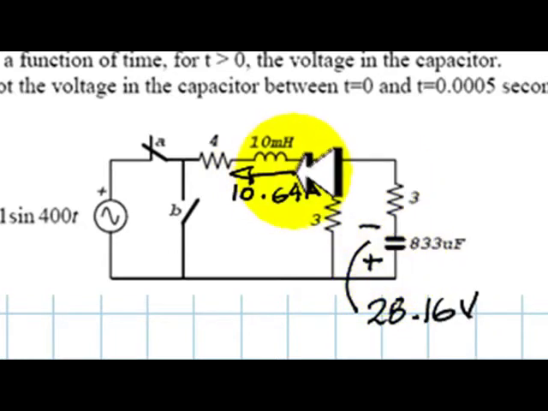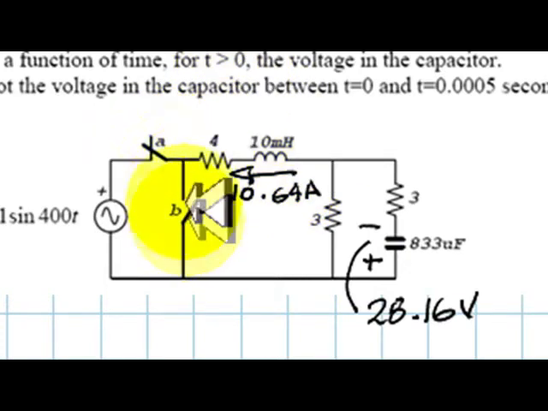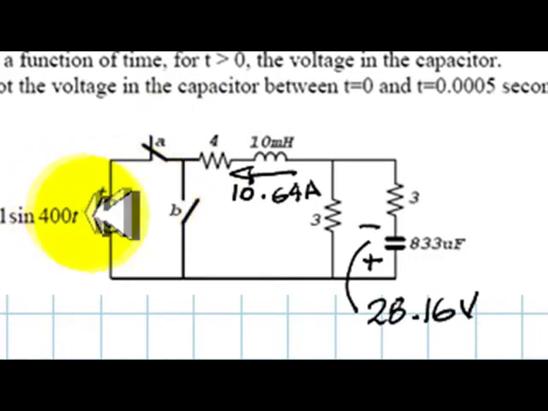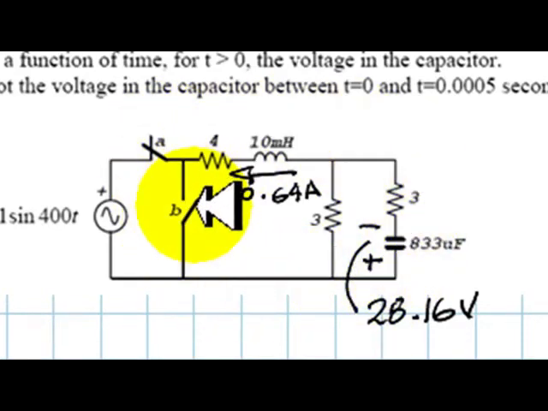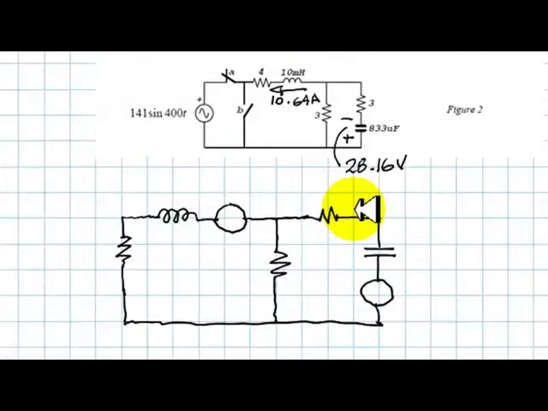We can draw the circuit for t greater than 0 with the switches operated. This one is open, eliminating the source from the circuit, and this closes this one into a short. We're left with this part of the circuit. Let's draw that in the Laplace domain. This is the way the circuit looks right now.